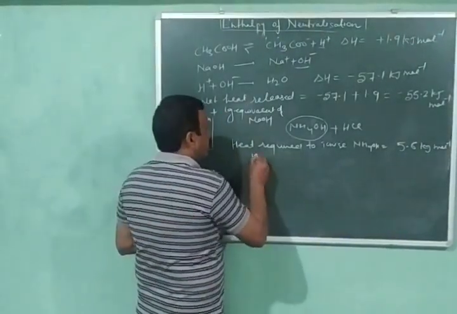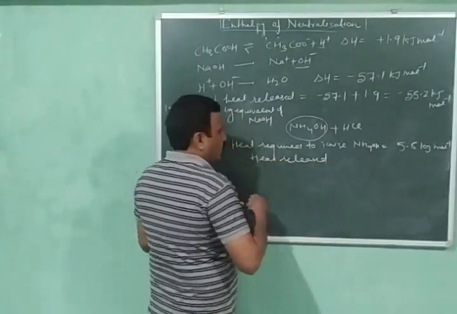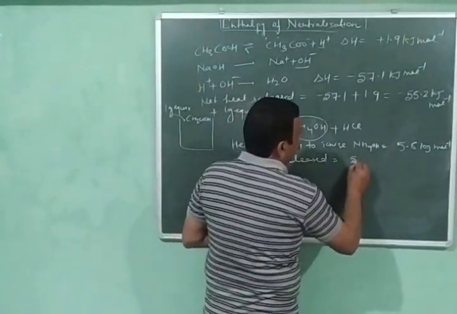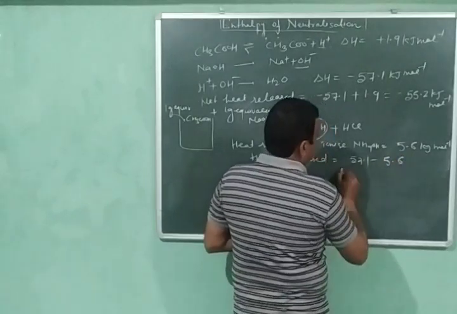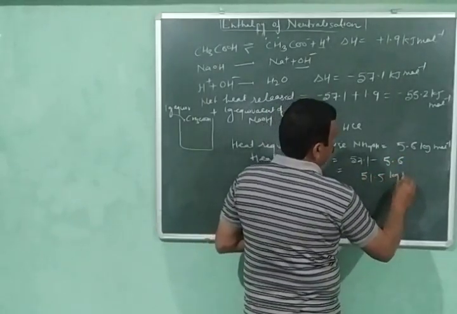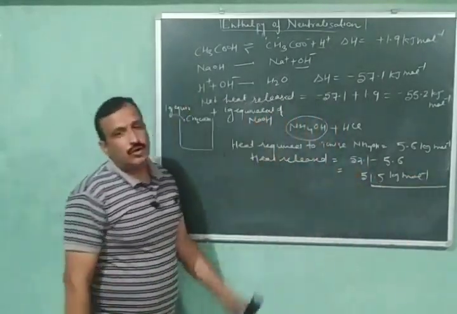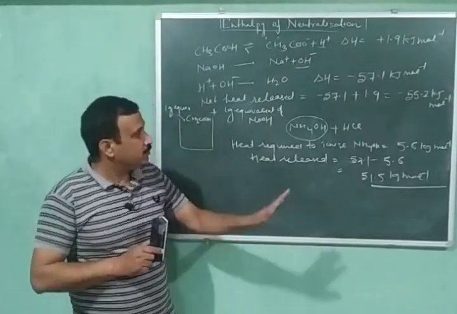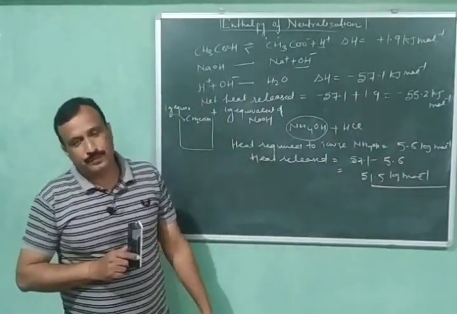So the heat released, or the enthalpy of neutralization, will be equal to 57.1 minus 5.6, and it will be equal to 51.5 kilojoule per mole. So in this case also the amount of heat released, or the enthalpy of neutralization, will be less than minus 57.1 kilojoule per mole.